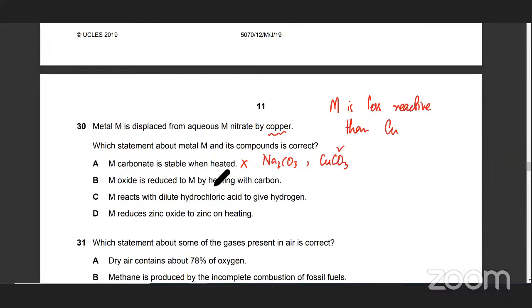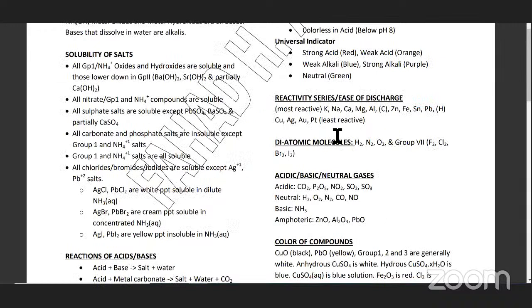An oxide is reduced to M by heating with carbon. That is true. क्योंकि reactivity series में ठीक है, where's the reactivity series? Data sheet में होगी. अच्छा, now since it's less reactive, carbon is over here. ठीक है, you can see the reactivity series over here. Carbon is kind of pretty high.